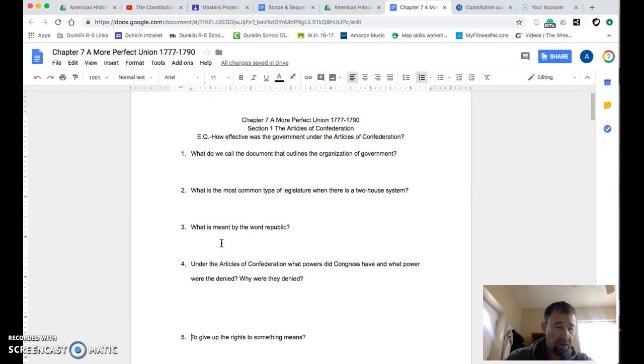Okay, number 4, moving on, is the Articles of Confederation. I wanted to know what powers they were granted in this for Congress and which they were denied. And I also added to that, and I want to know why you thought, right? You wouldn't have found this in the reading, but I want to ask you what you guys really think the reason was that they were denied these powers.